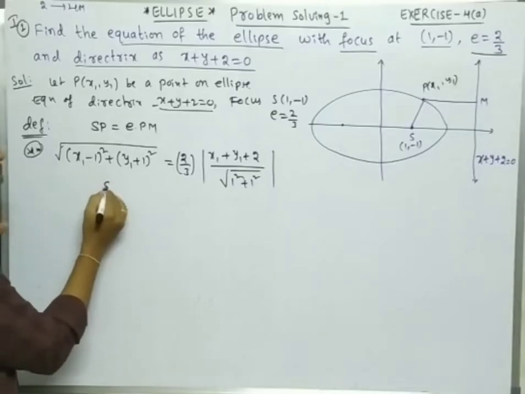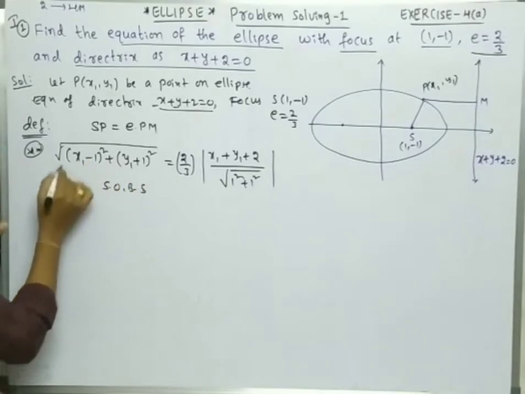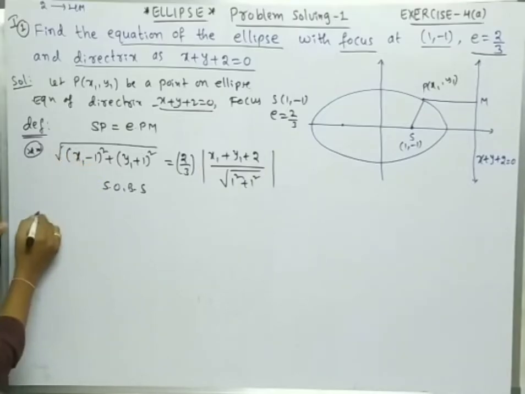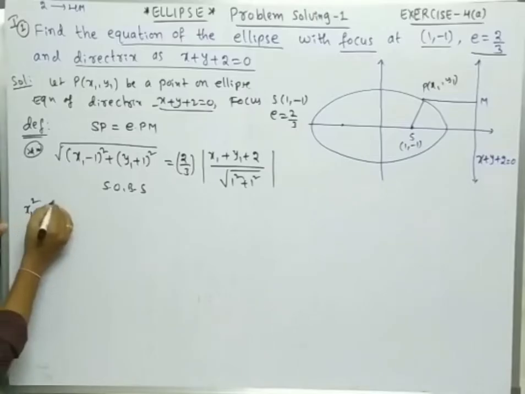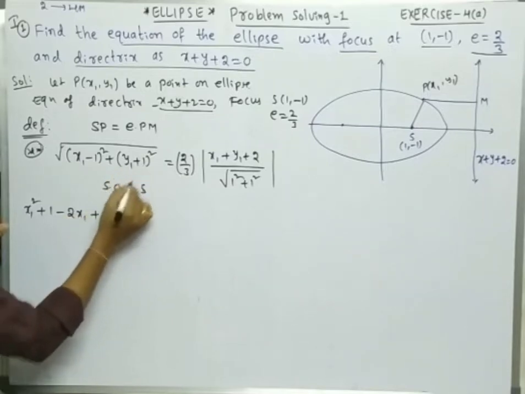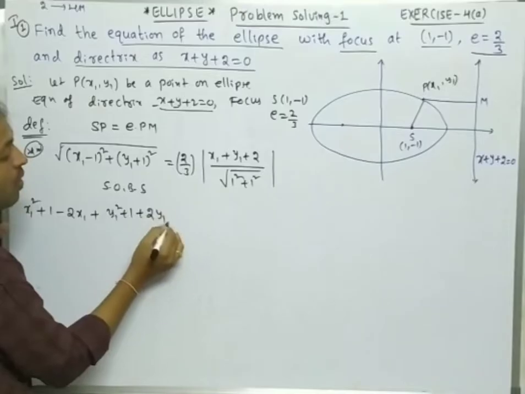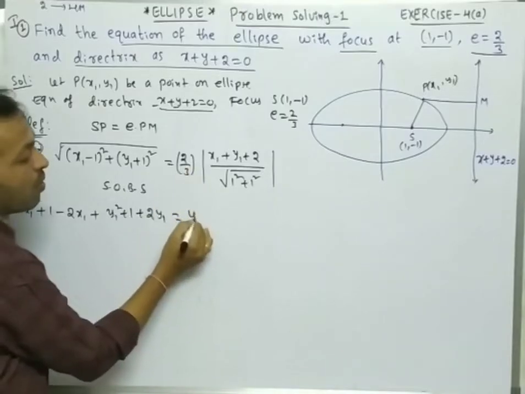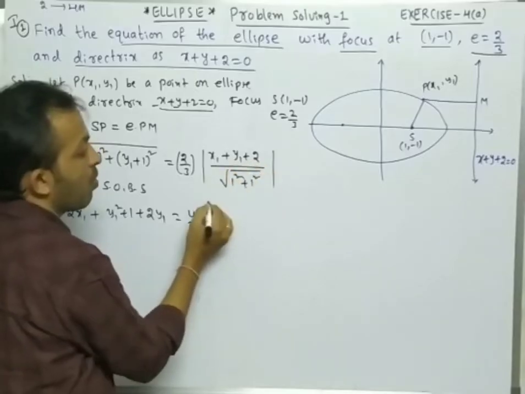Now square on both sides and simplify. On the left side the square root cancels. What remains is x1 squared plus (x1 - 1) whole squared expansion, a minus b whole square, a squared plus b squared minus 2ab, and y1 squared plus 1 plus 2y1, is equal to 2 squared is 4, 3 squared is 9. This uses the (a + b + c) whole square formula.